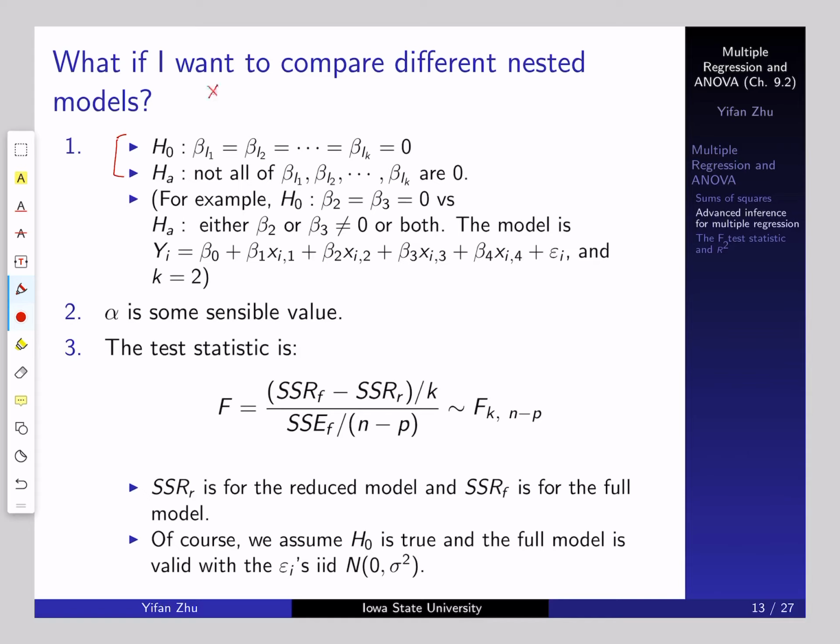So if these predictors XL1, XL2, and XLK are not used in the reduced model, that means beta L1, beta L2, beta LK are equal to 0 for the full model, right?